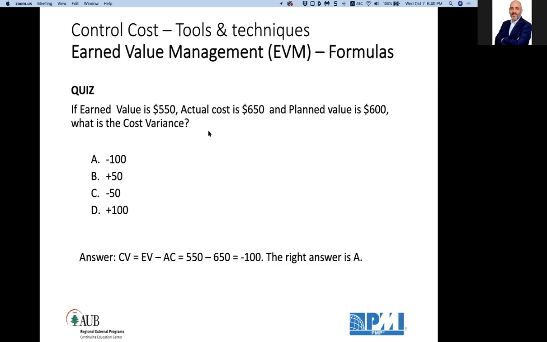This is how I want you to think rather than memorize the formulas and get lost in them. It's always earned value minus something. If the something relates to cost, it's actual cost. If it relates to time or schedule, then it's minus planned value. Again, minus 100. Correct answer A. We are over budget, a budget overrun.